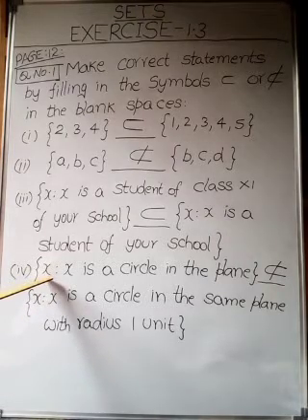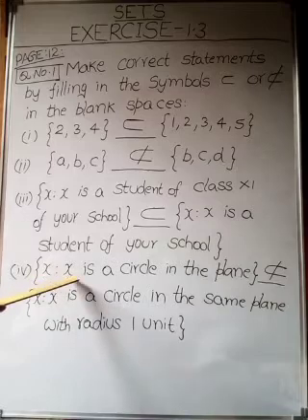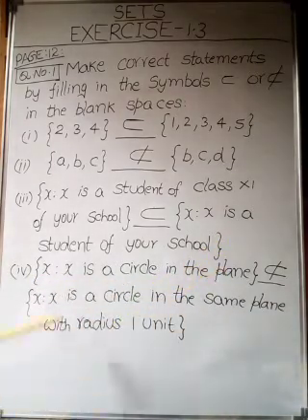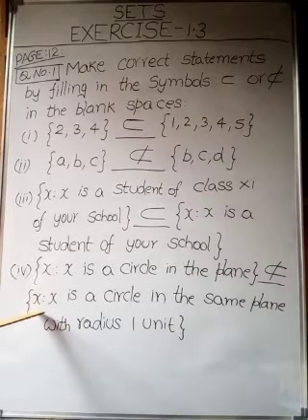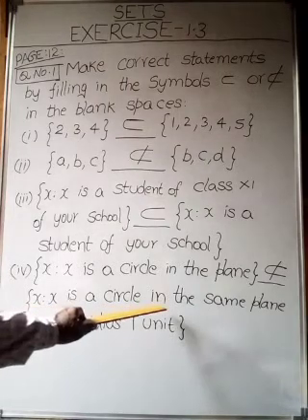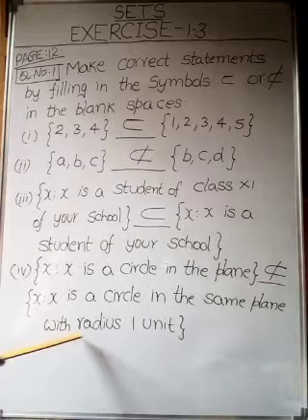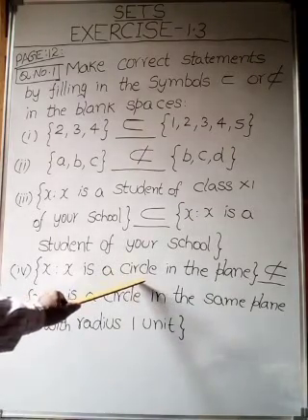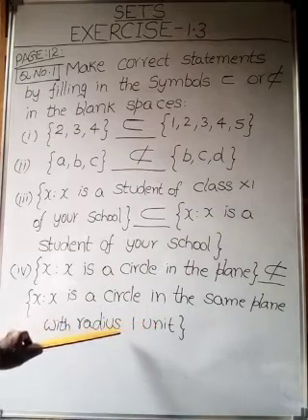Set of all x such that x is a circle in the plane, and set of all x such that x is a circle in the same plane with radius 1 unit. Is the first set a subset of the second set?